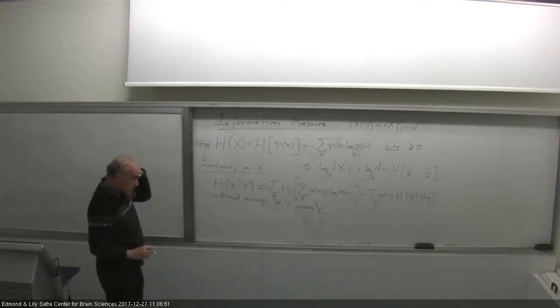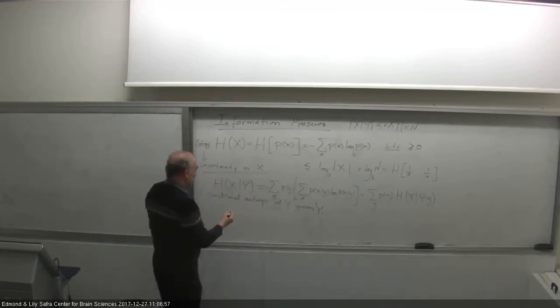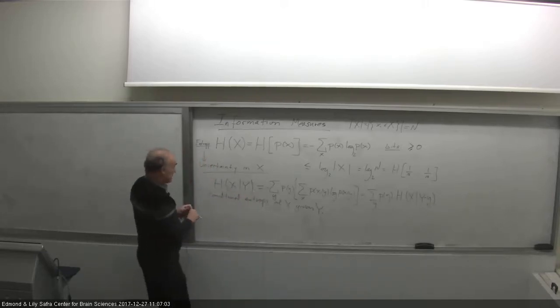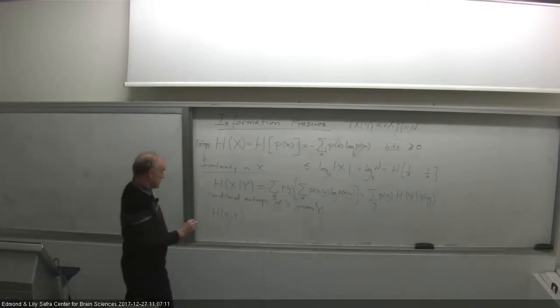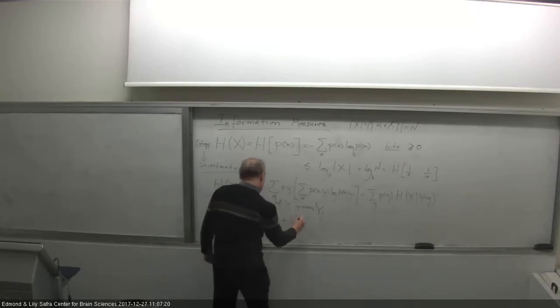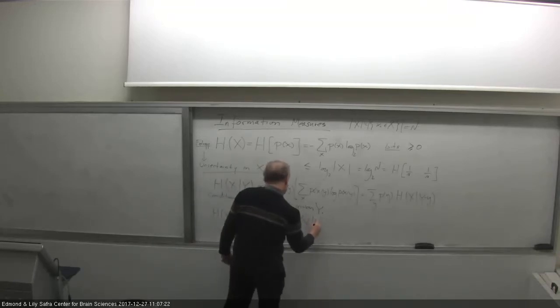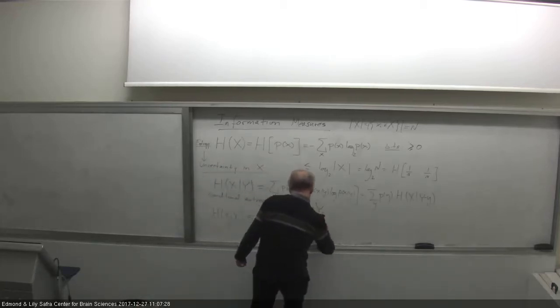And then we actually saw that this is nice because in some sense it's giving us the remaining uncertainty in x when I know y. Of course, I can write the joint entropy of two variables in several ways. I can write it as the entropy of the variable x plus the residual entropy of y when I know x.